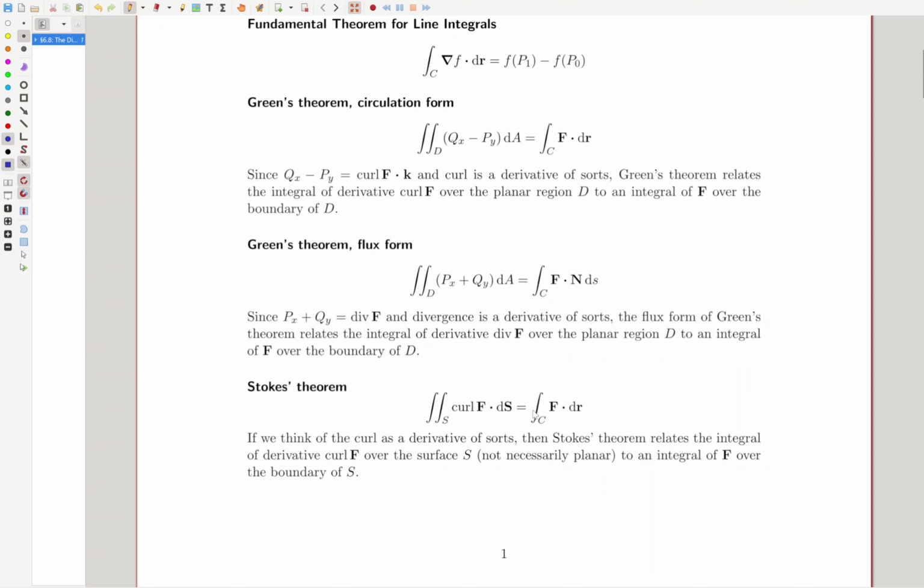The only difference between Stokes' and Green's theorem is that Green's theorem assumes your two-dimensional domain D is a flat region, typically on the xy plane, whereas with Stokes' theorem, the two-dimensional integral is over a surface whose boundary is C. We're relating this two-dimensional integral, measuring the flux of this other vector field, curl of f, to a circulation integral along the boundary of your domain S, which is called C.